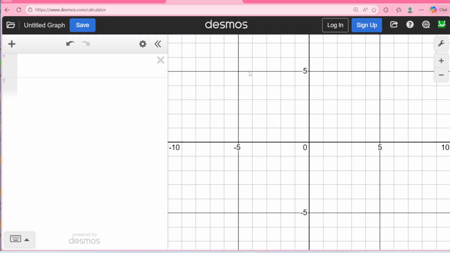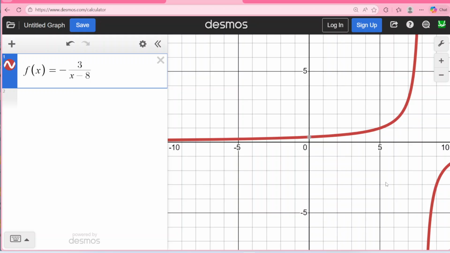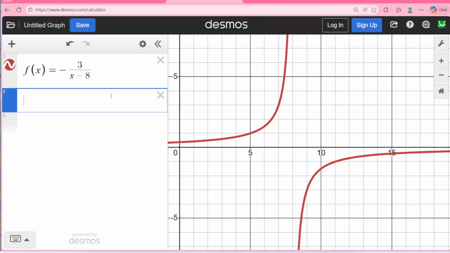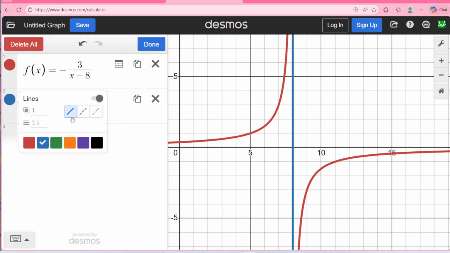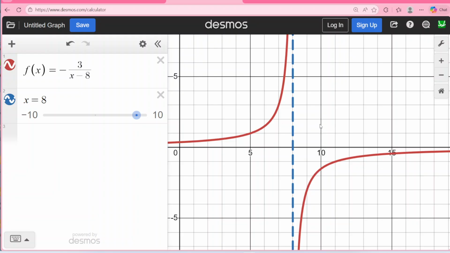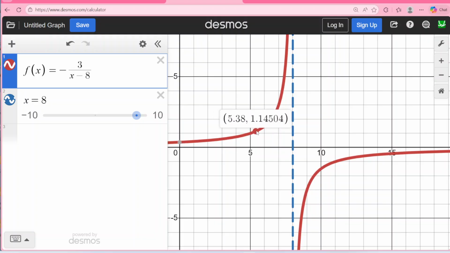Back at Desmos, here's the function we were given, f of x equals negative 3 over x minus 8. And I'll even put up x equals 8 and make it like a dotted line, one of those vertical asymptotes. So like that. Hopefully you can see from the picture that as I approach 8 from the left, the output's going up forever.